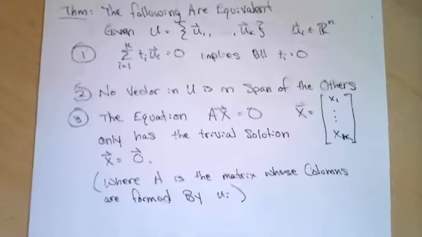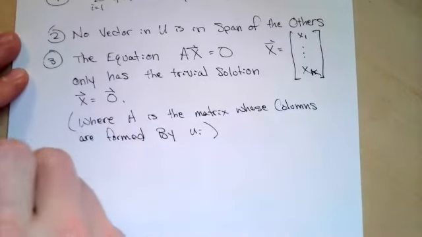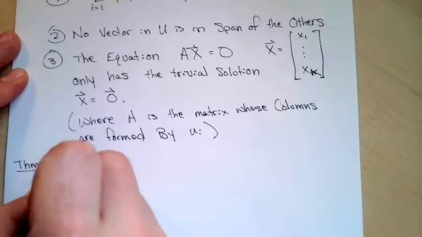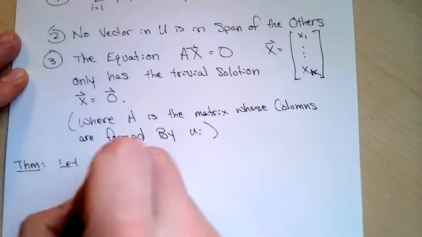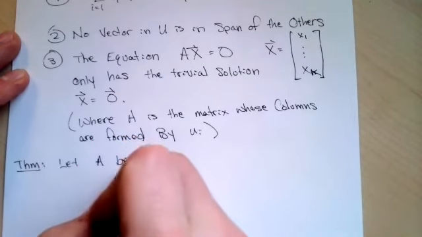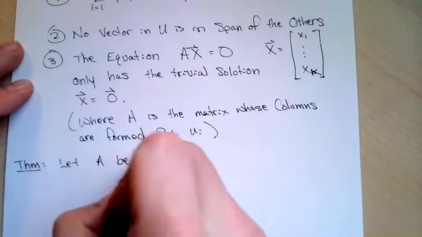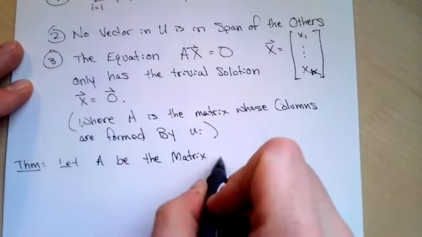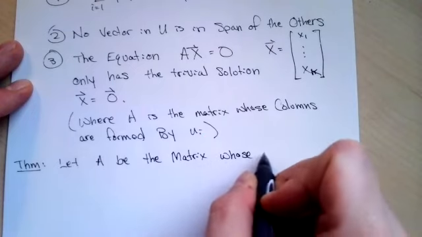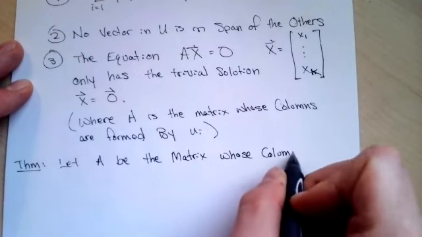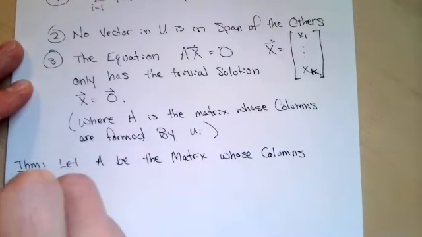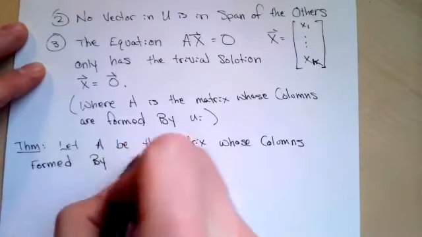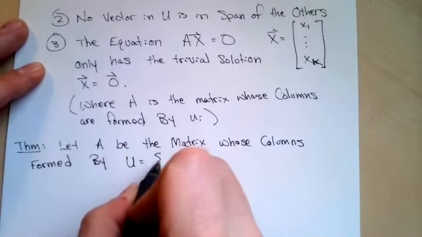The other thing we can do: let A be the matrix whose columns are formed by our set of vectors.